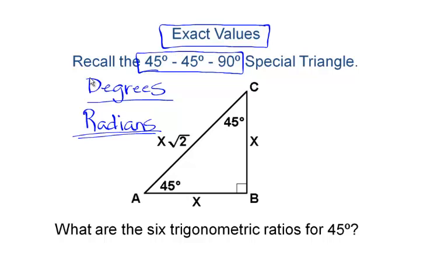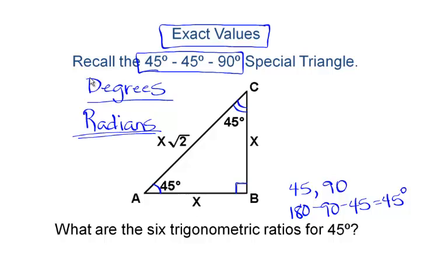If I'm in a right triangle, I can talk about trig values and angle measures. So if I'm in a 45, 45, 90, there are some things that I know from geometry about this triangle. I know that the two acute angles have to be the same measure, because I have a 45 degree angle, I have a 90 degree angle, and 180 minus 90 minus 45 leaves 45 degrees for the third angle.